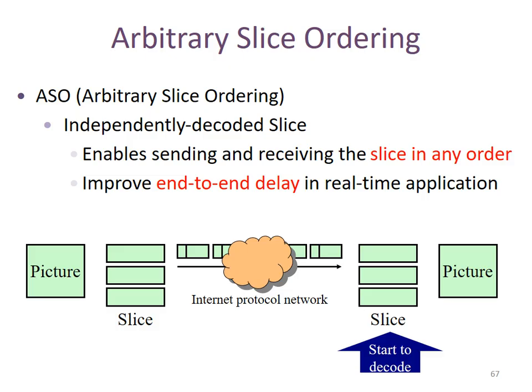In this case, each slice is decoded independently, so it does not depend on the order of slice 1, 2, 3. We can receive slice 2 and decode it first, and then we receive slice 1 and decode slice 1. You can see the mechanism is very flexible. Even with network jamming or different network conditions, we still can decode different numbers of slices.